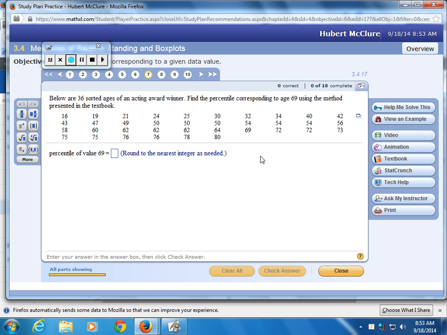Do what you want to. I would say write it, because I'm going to show you how to do it by hand. Because you need to understand what the box plot is.